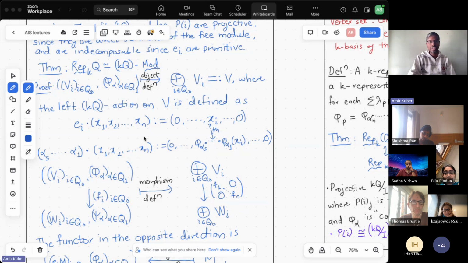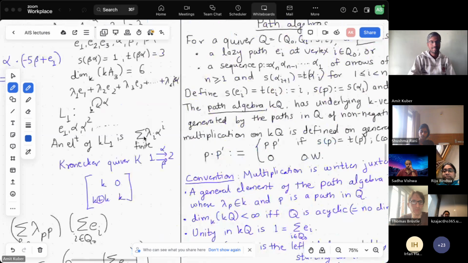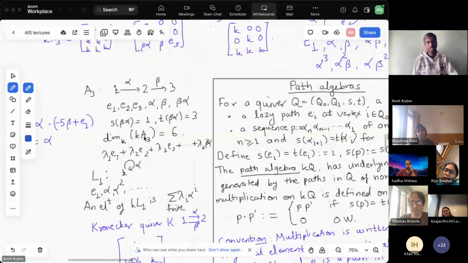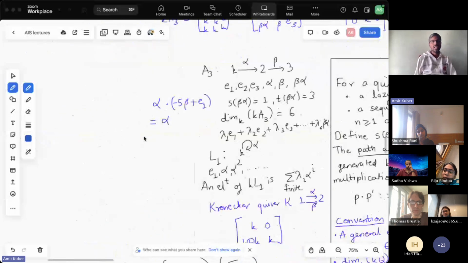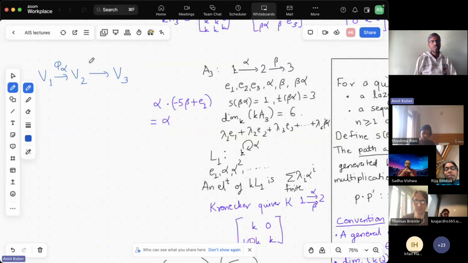Okay, let us check your understanding. Suppose I'm given some representation of A3 with this orientation, then the corresponding module will be V1 direct sum V2 direct sum V3.